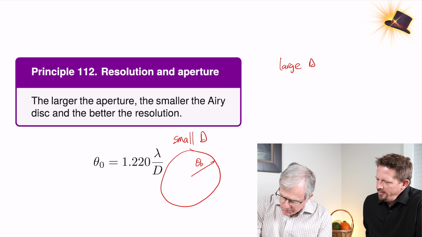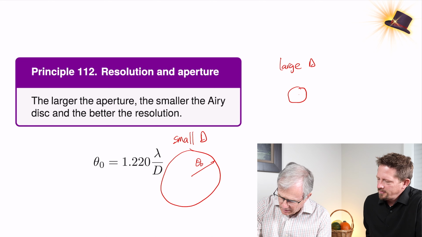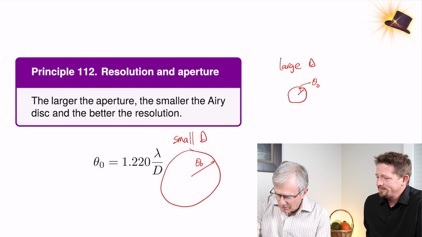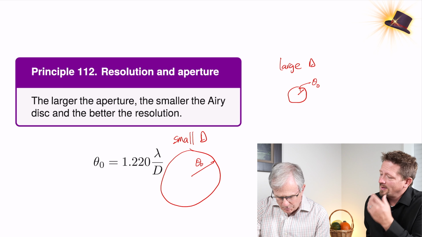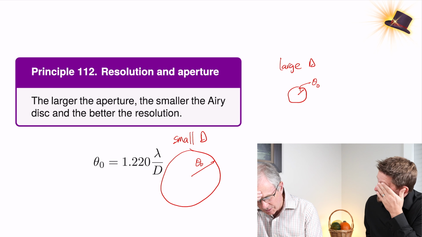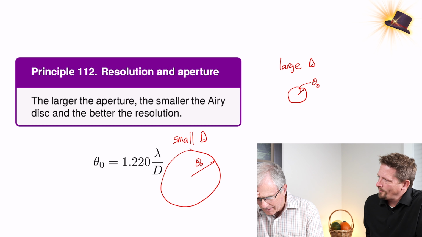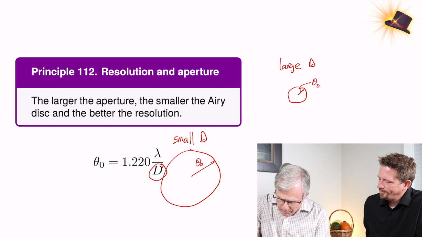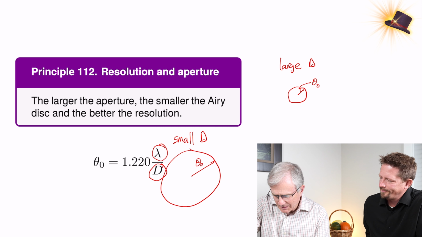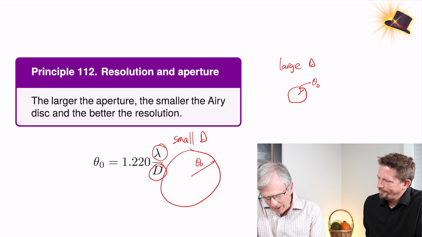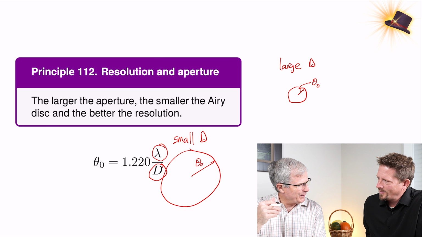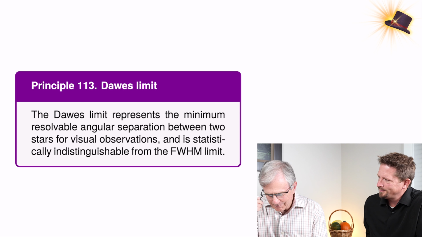And for a large aperture D, you're going to get a small Airy disk, or more pinpoint stars. The smaller the disk, the better your resolution is going to be. And so that's the dependence on D. There's also a dependence on the wavelength, which says that for red light, like we talked about in the last video, you get a larger Airy disk.